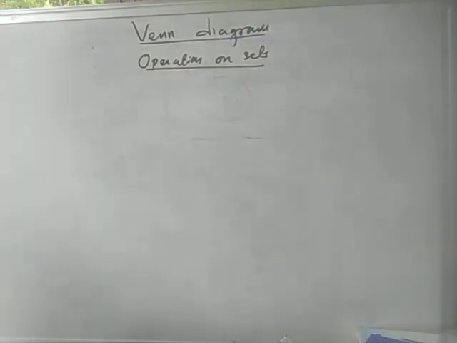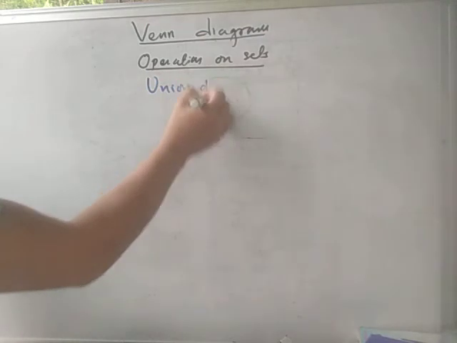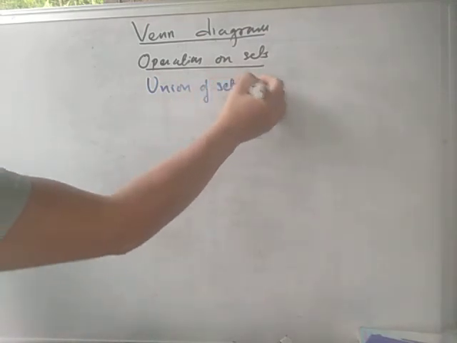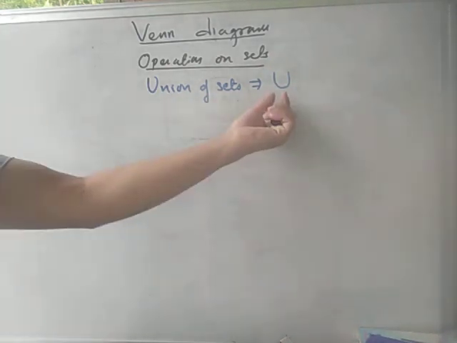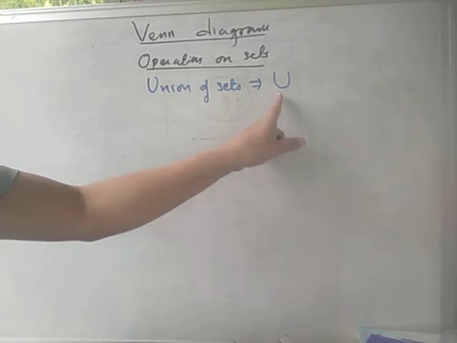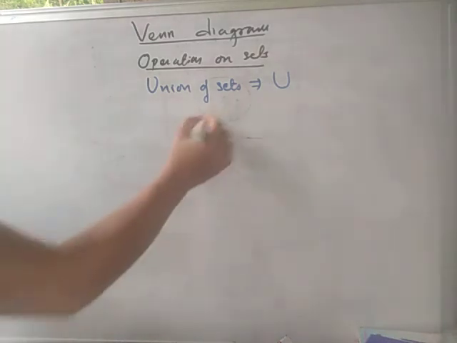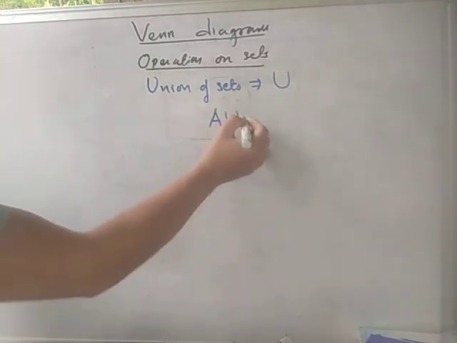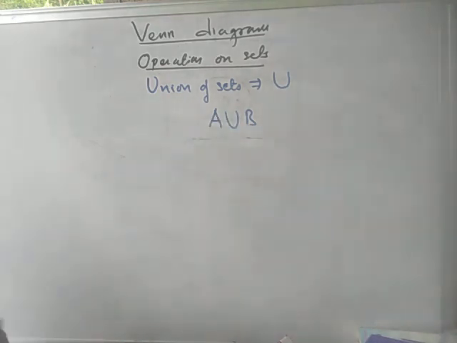Union of set is denoted by this symbol, cap U. It looks like a cap U, but in mathematics software it is there. If I write A, this symbol, and B, then this is read as A union B. Clear?